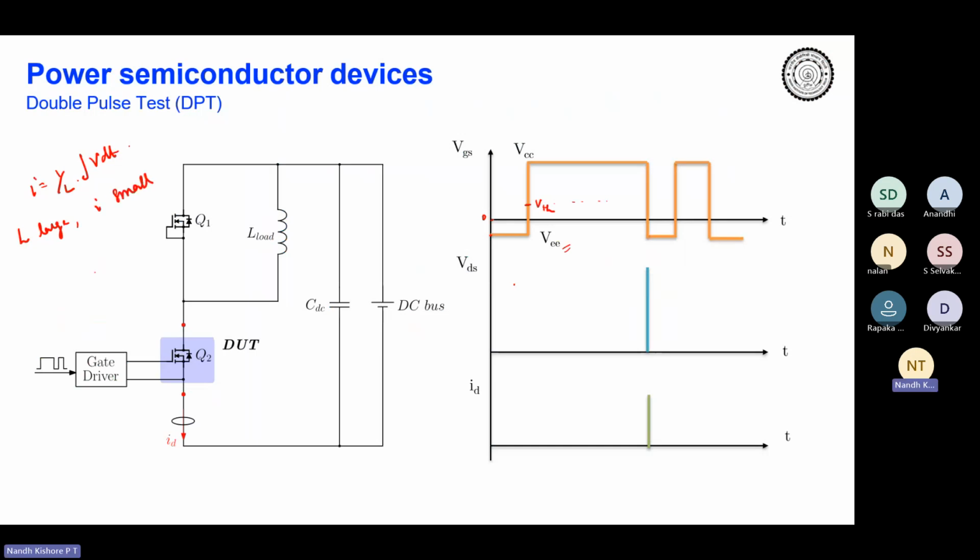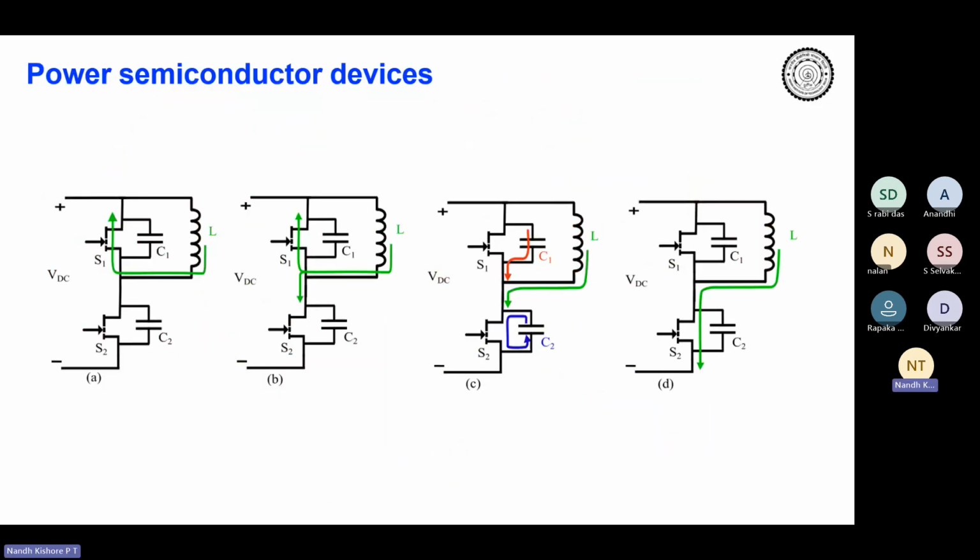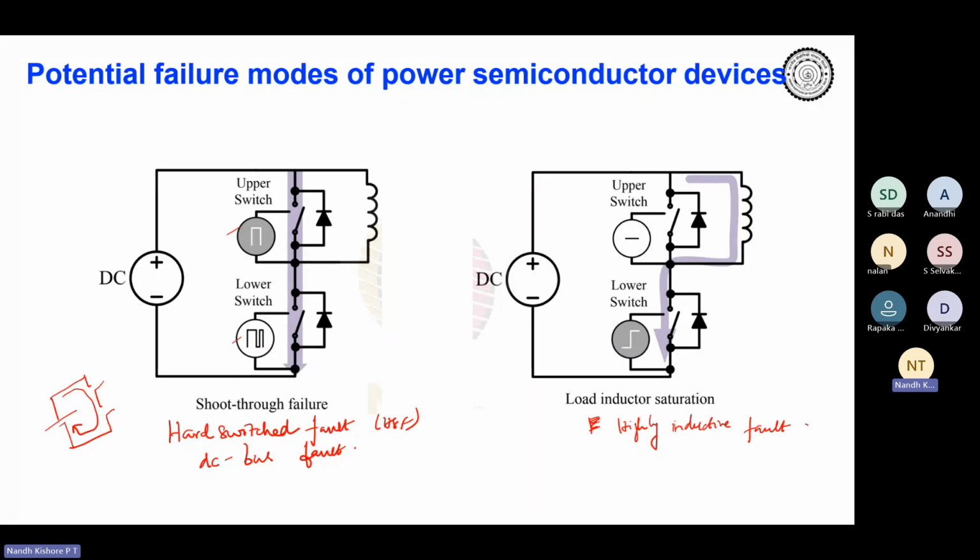Now let's say there is a fault in the inductor side or the load side, which makes your effective value of L very low. If your L is low, then obviously I would be very large, right? So even though there is no problem in your pulses as such, your load is causing your current to shoot up too much. Let's say the current increases something like this, and it breaches the device rating. Then also it's a problem, and this is what is called load inductor saturation or highly inductive fault, HIF.